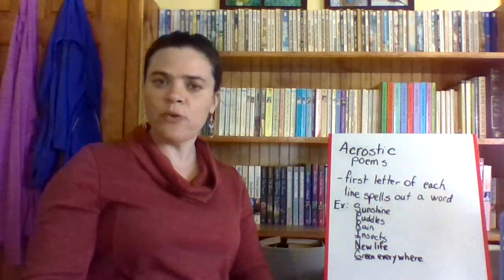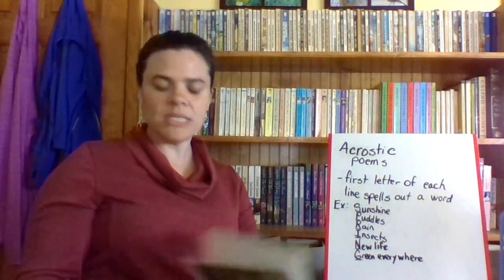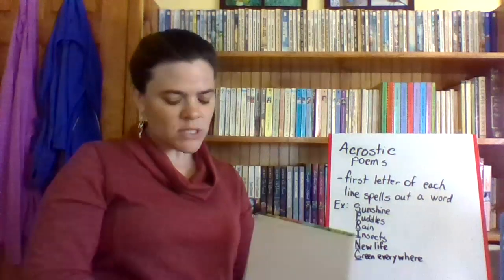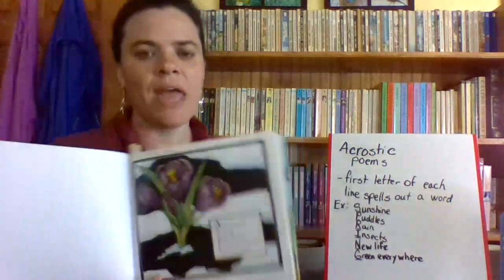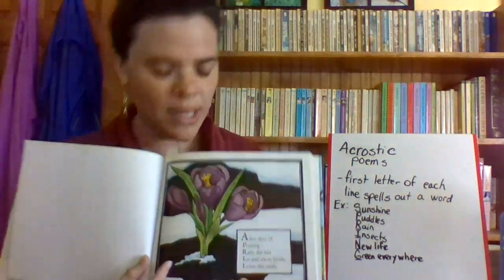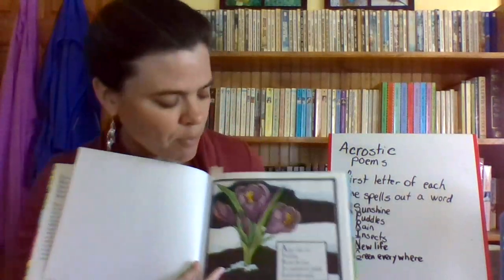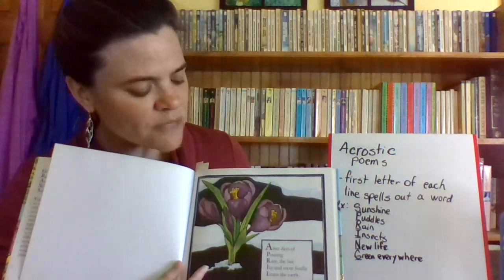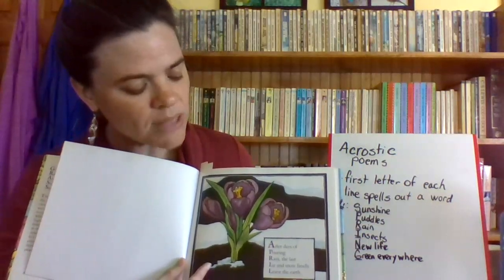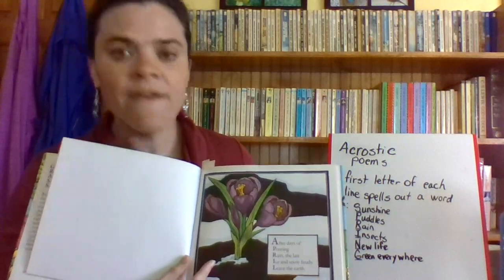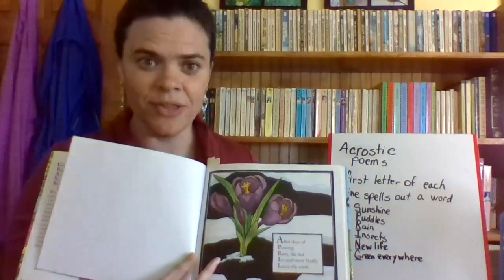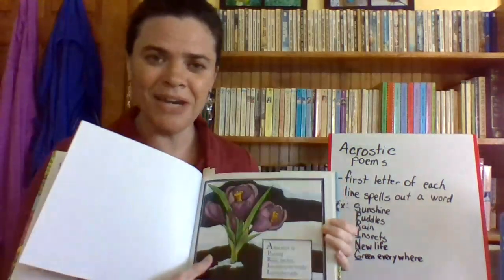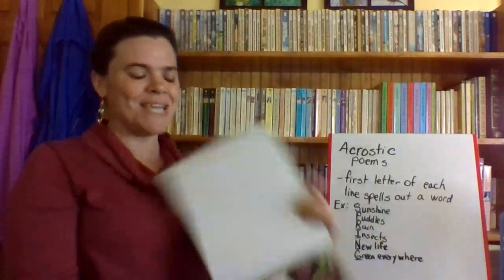So I'm just going to share a few of them with you so that you can see some more examples. So the first one I'm going to share is for the letter A. They chose the word April, and this is what they came up with. After days of pouring rain, the last ice and snow finally leave the earth. Sometimes that's not until the end of April, but usually that happens in April.